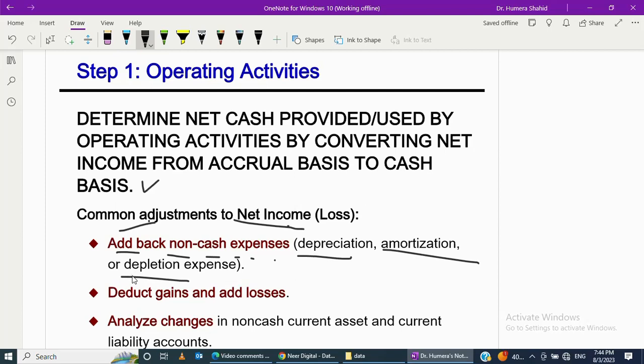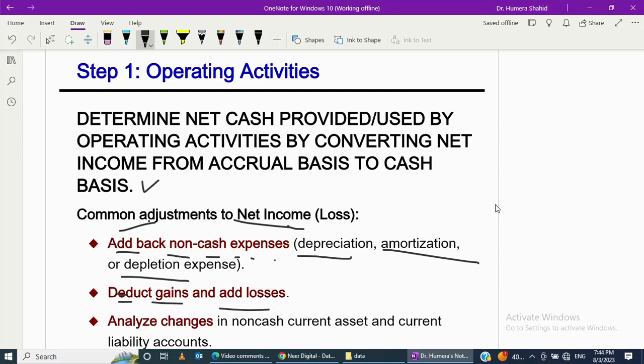Then check the income statement and deduct if there is a gain on sale of any asset. Deduct it. Why? I'll give you an explanation in a while. And if there was a loss on disposal of assets or investments, add it back. And then go to the balance sheet directly.